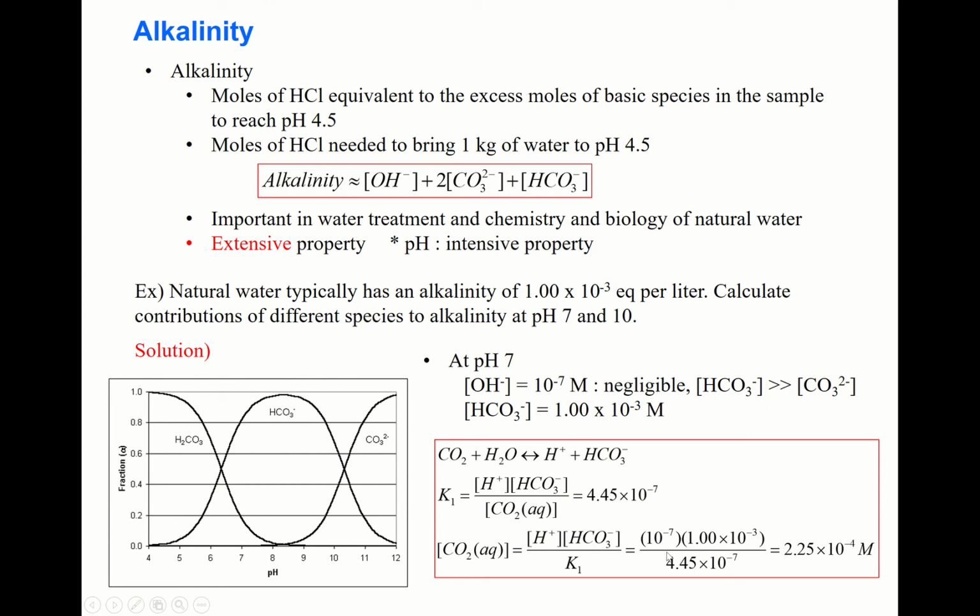Compared with hydroxide ion, this one is much greater, right? And then CO2 concentration at pH 7 is about 2.25 times 10 to the minus 4 molar, all right?